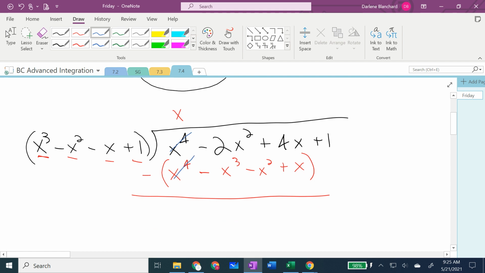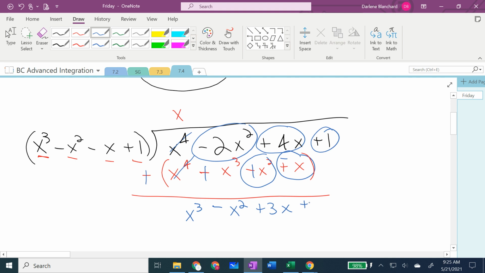So then x to the 4th minus x to the 4th, negative 2x squared plus, oh wait, that gives me x cubed does not add with the 2x squared. Then the negative 2x squared adds with the positive x squared, giving me a negative x squared. And then the positive 4x and the negative x and the positive 1.